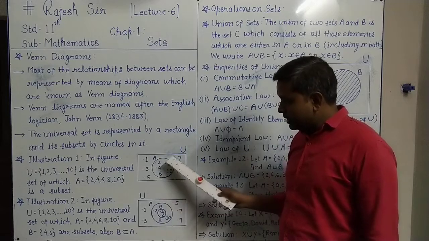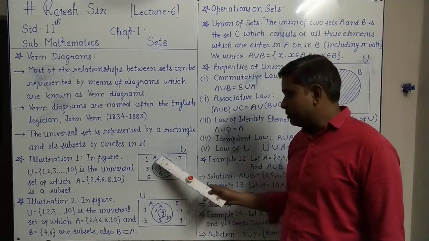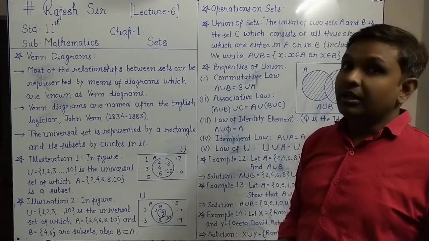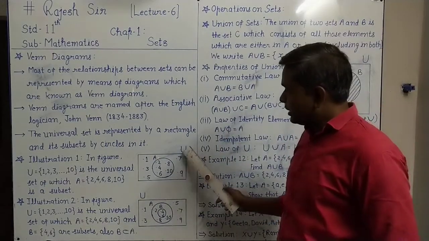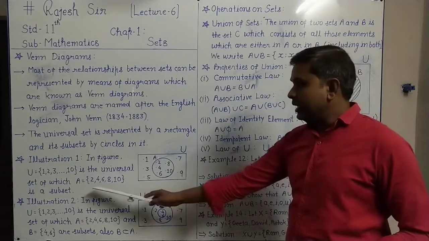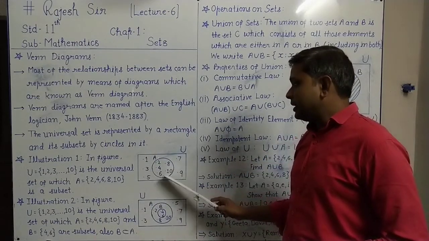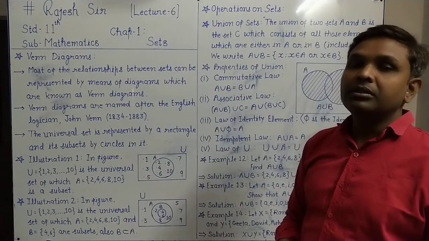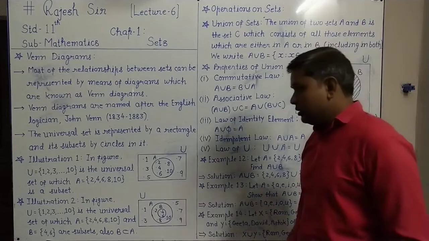So A is a subset of U. The universal set is represented by a rectangle, and A, with 2, 4, 6, 8, 10, is represented by a circle in the rectangle.